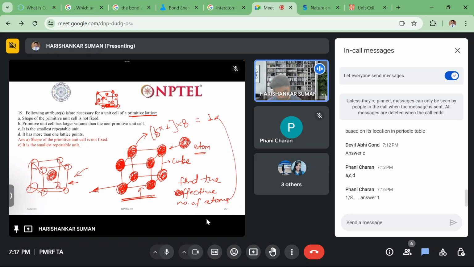Now calculate the effective atoms for A, B, C, and say which one is primitive and which one is non-primitive. Also comment on A, B, C as primitive and non-primitive.